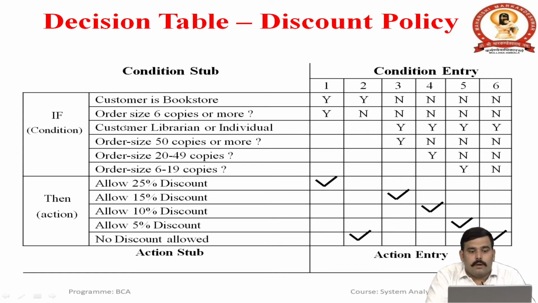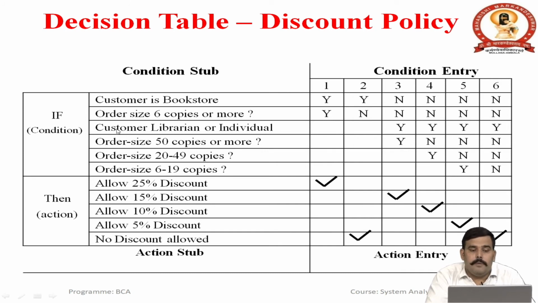Now, move to another combination: customer librarian or individual, yes, order size 50 copies or more, no, check the other condition, order size 20 to 49 copies, yes. The customer is librarian or individual and order size is 20 to 49 copies. If it is true, the allowed discount will be 10%.